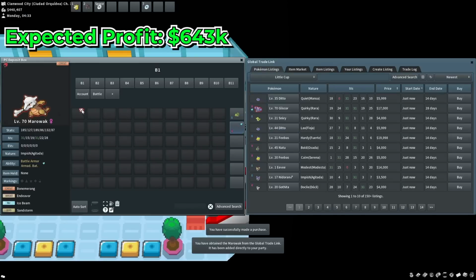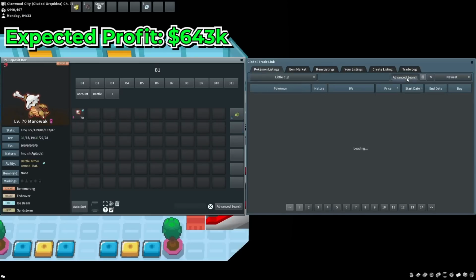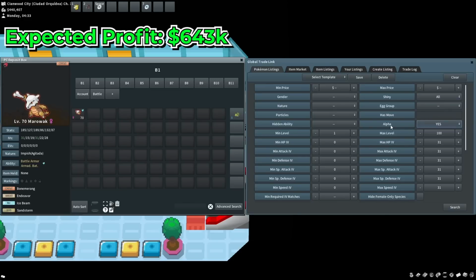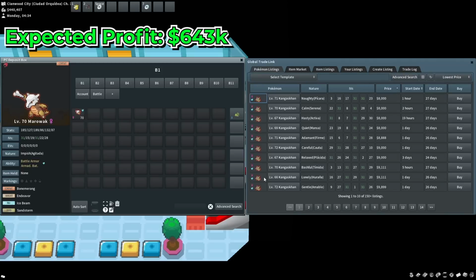I usually don't buy female alphas, but this one is from the Monster egg group and they have a higher price than just 10k. And to check it, you put Monster, Alpha, hide female species only, because if you don't, there will be Kangaskhan and their price is always lower.